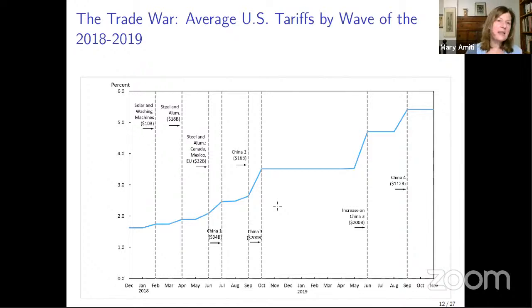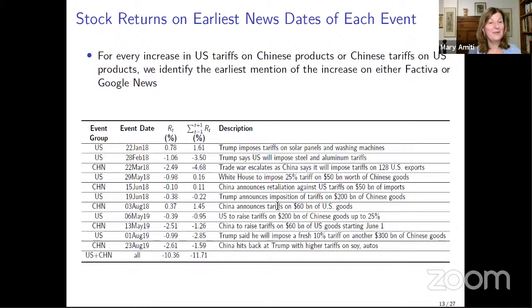And then we have the same thing for the China retaliation. We find when China imposed tariffs on US exports, and then we find the very first dates. As you see, the US announces, China retaliates, the US announces, China retaliates, it's kind of a tit for tat thing.